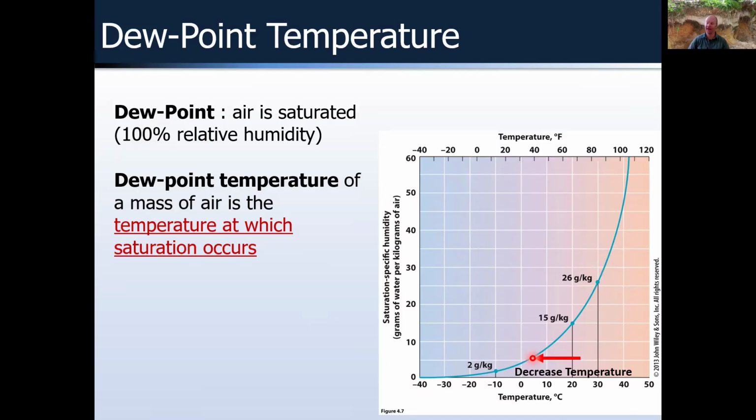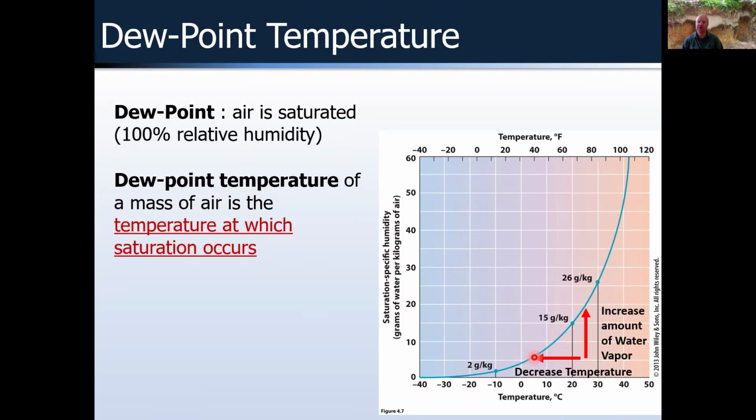If you reach that blue line, that's when condensation occurs. You've reached saturation. That's a very common way, especially on diurnal day to night cycles: temperatures warm up and it gets drier, then it cools down, and cold air holds less moisture than warm air. You reach saturation, the dew point temperature, and voila, clouds form.